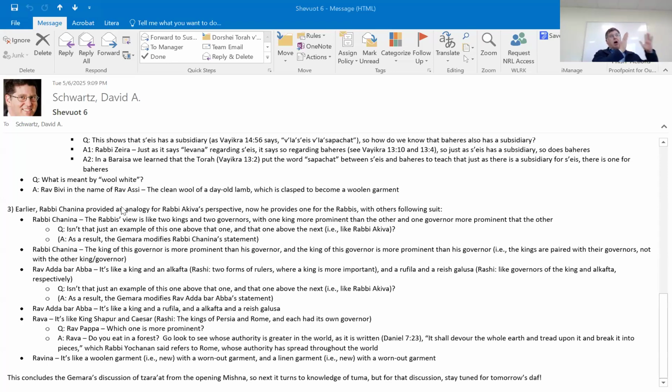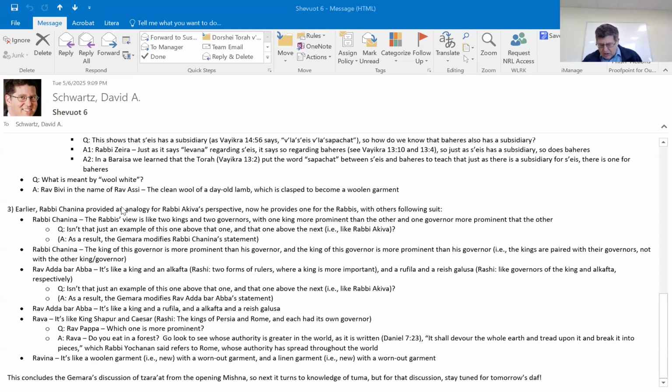two versions of two separate things, even though the whiteness of a wool garment and the whiteness of a linen garment, I'm not sure which one is considered the most white.